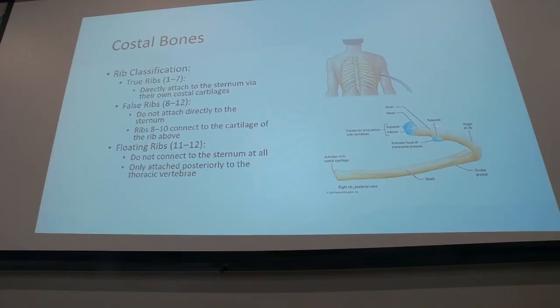And then after the tubercle, you have a sharp turn that moves the rib's body posteriorly and inferiorly. And this change in direction happens at the angle of the rib. And then this will be the body or shaft. And then it ends in this blunt end, which is the point of attachment for the costal cartilage. And then below the body, you have the costal groove that allows the running of the vein, the artery, and the nerve, the intercostals.